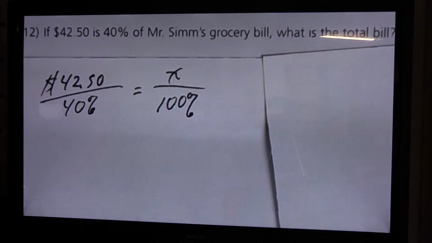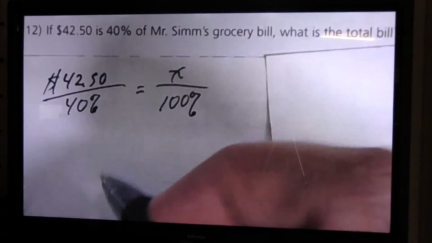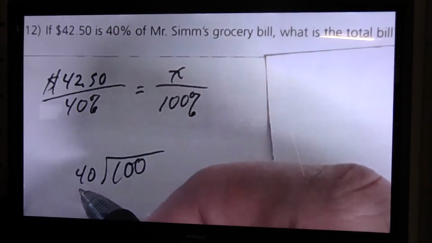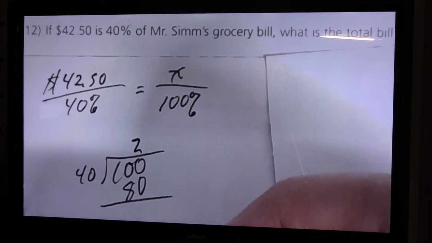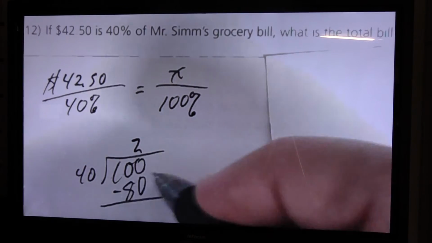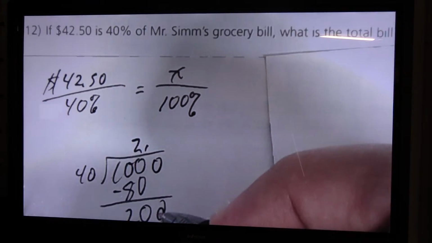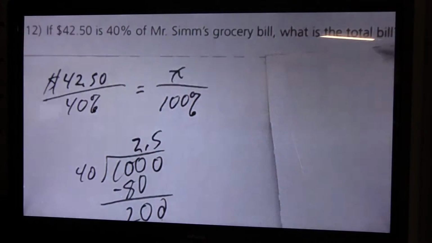So I'm going to take 100 and divide that by 40. I can get two groups of 40 out of 100, but that's going to be 80. Then a little bit of subtraction here. My decimal point, bring that down. And I can get 5 groups of 40 out of 200.